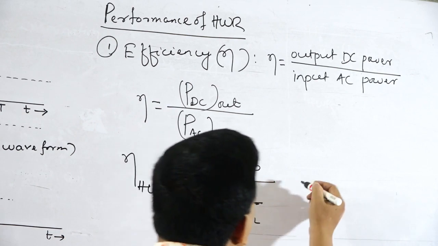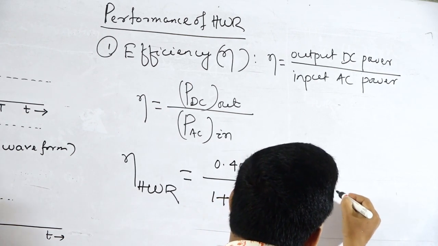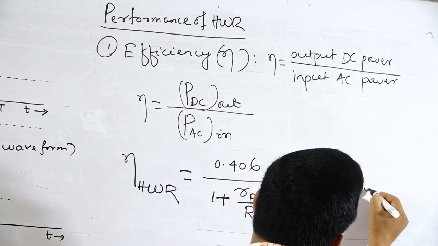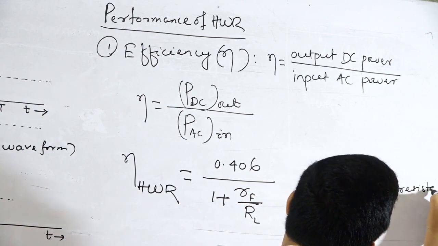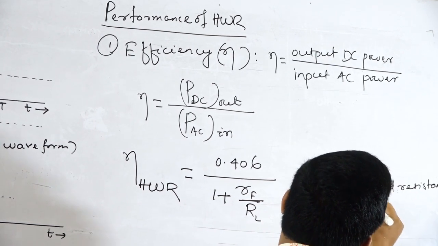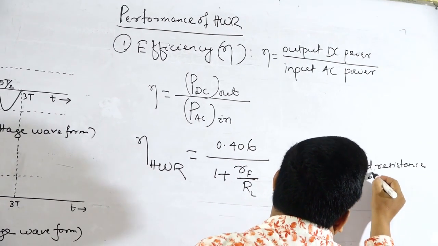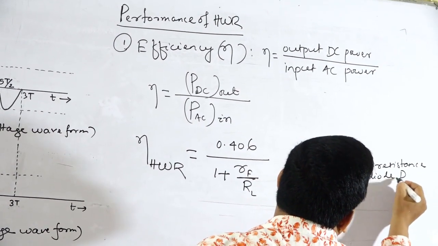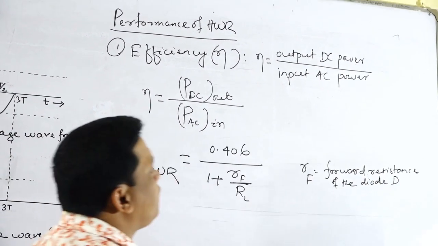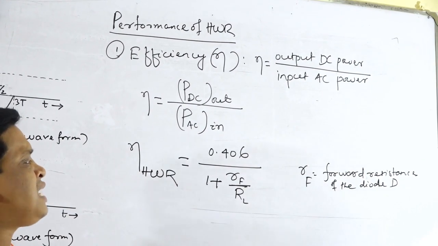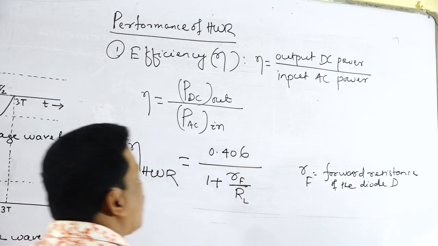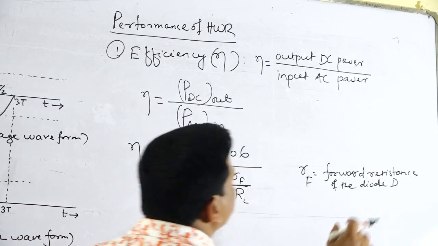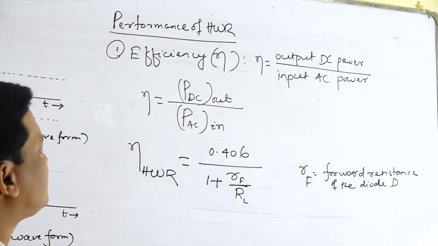Now what is RF? Here RF is the forward resistance of the diode D, the PN junction diode. The resistance offered by this junction diode to the current under forward biasing condition is known as forward resistance.